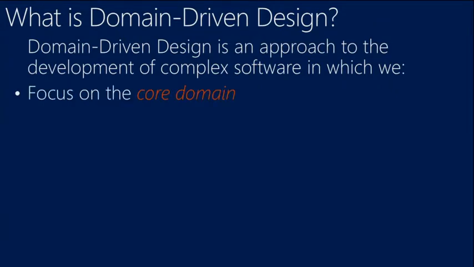And we are doing three things when we are working in a domain-driven fashion. First off, we are focusing on the core domain. Because in most enterprises, there are so many different problems, so many different areas that we can build or develop software for. But we will never be able to do it everywhere.